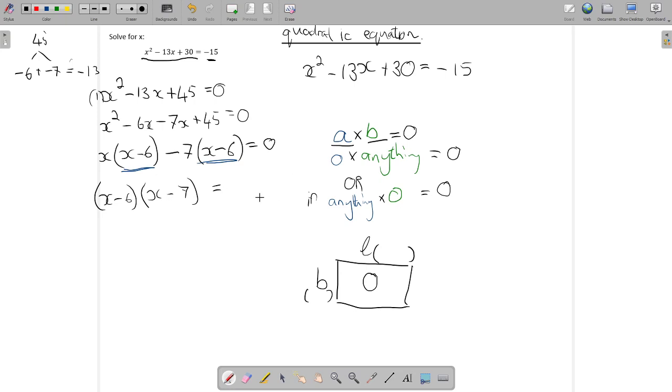Now there are a lot of methods of factorization. This is the method that I use. You're welcome to use it. You can also look up any other methods that might be easier for you.